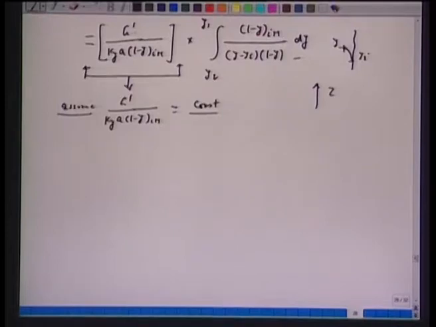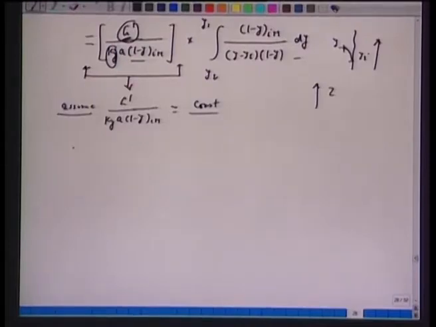Although G changes, moles per second or kg per second of the gas phase changes, the ratio of G prime to Ky a 1 minus y_I m remains more or less constant along this column. And remember Ky is also dependent upon y, if you recall the previous expressions, but the ratio remains more or less constant here. So, this quantity has been taken out.